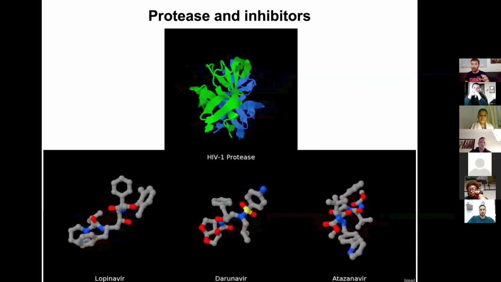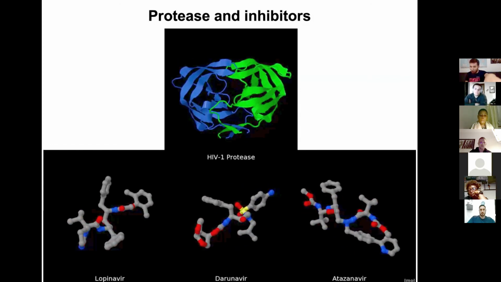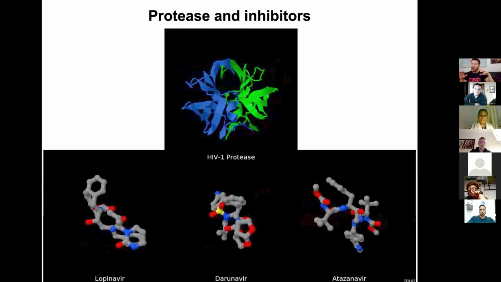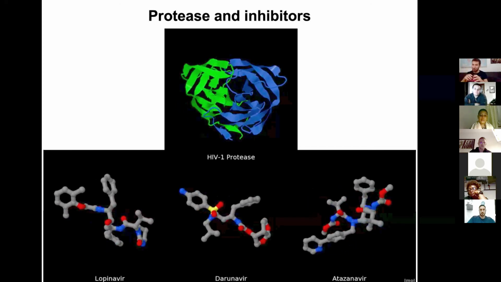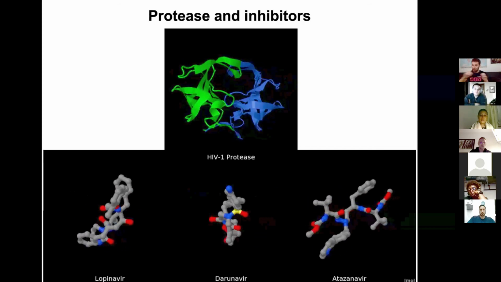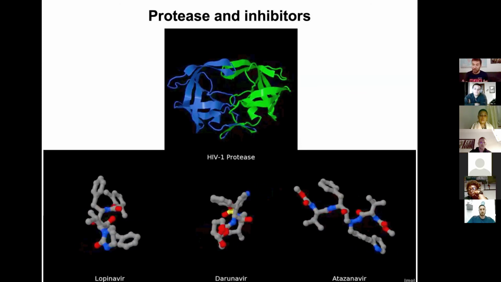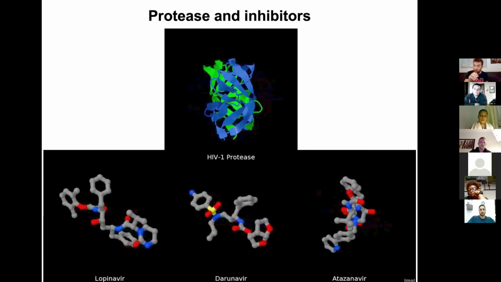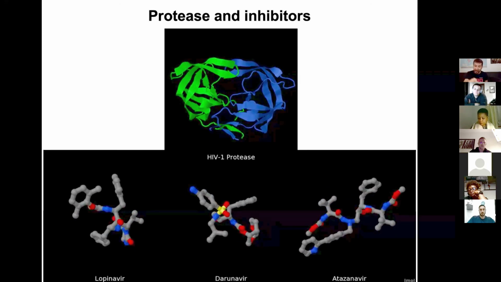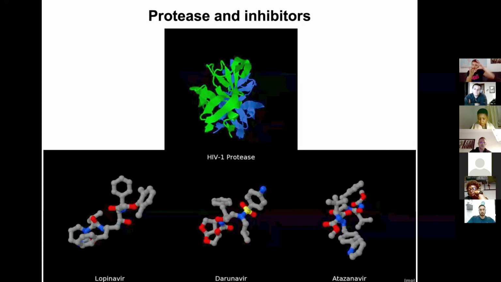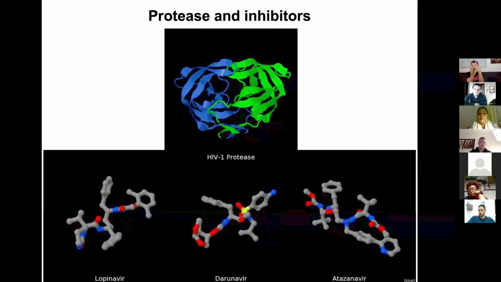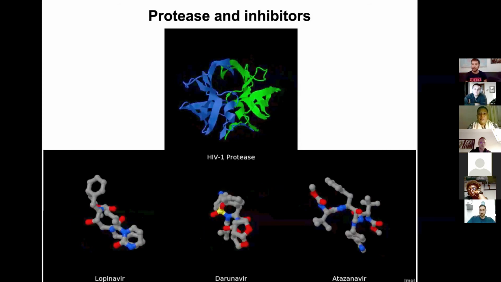And of course, we see that this hole is like a working hole. It's a hole which cuts long-chain proteins. So what does inhibition mean? It means that I block this hole exactly with my molecule.